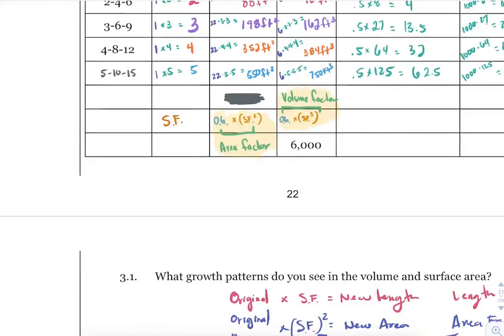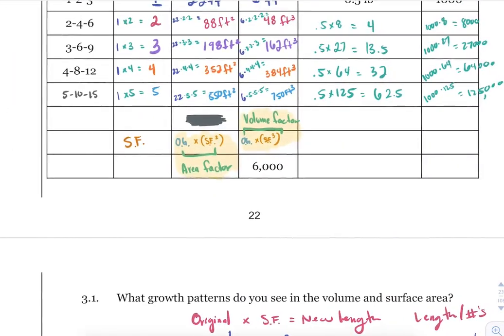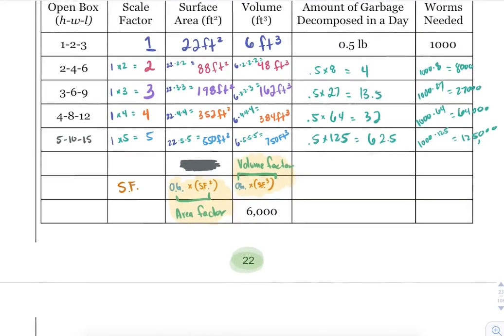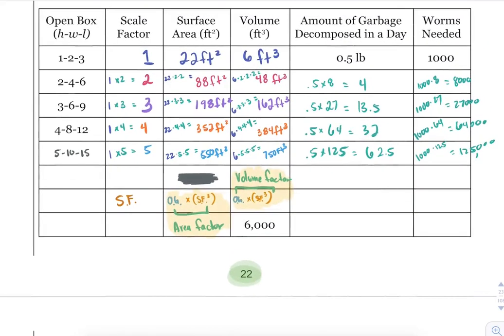So if you go to 1.4, specifically page 22, whenever we're talking about volume, we are specifically talking about volume factor, which is the original times scale factor cubed.